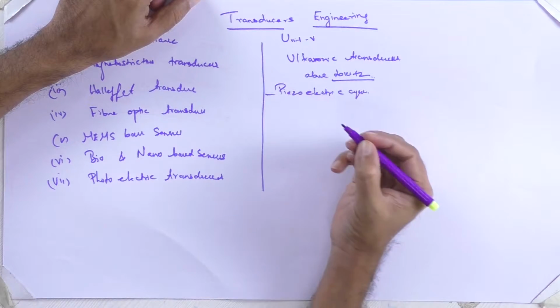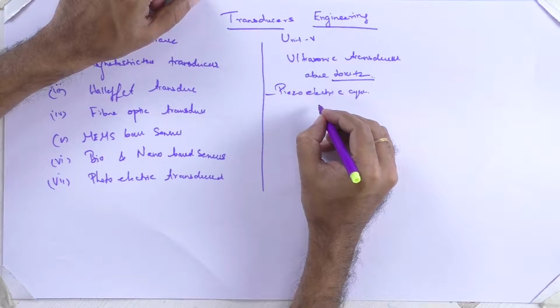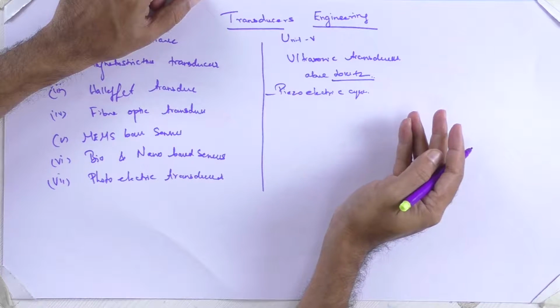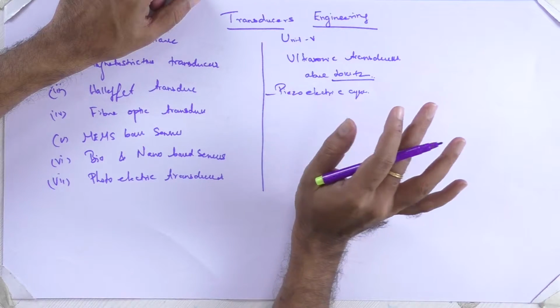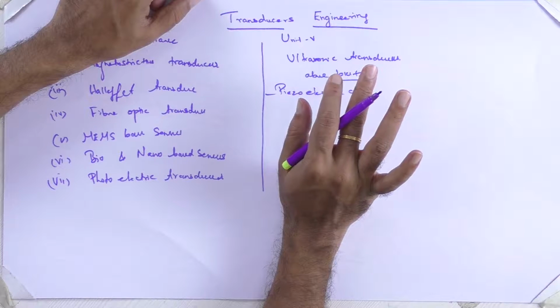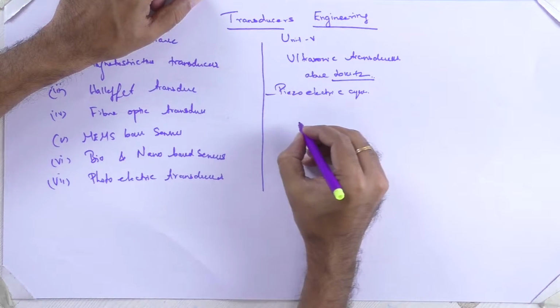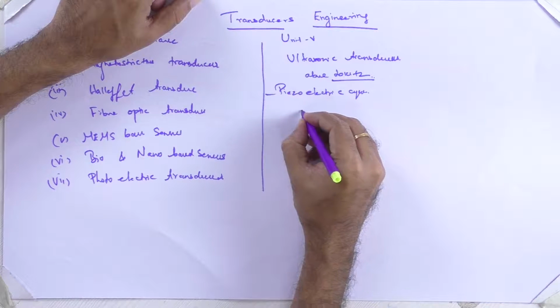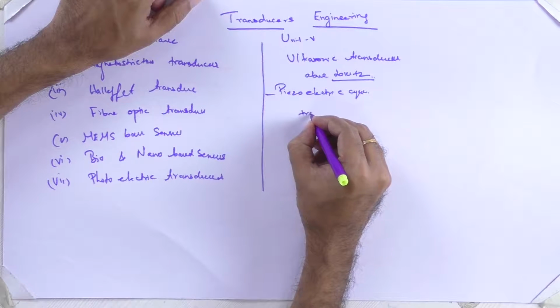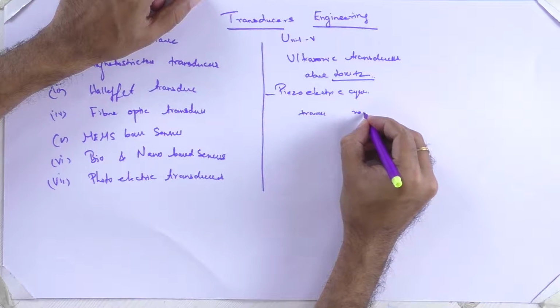which converts the electrical energy to acoustic energy, or the ultrasonic wave, or in the reverse manner, the acoustic energy is converted to an electrical signal. Usually it consists of a transmitter section and a receiver section.